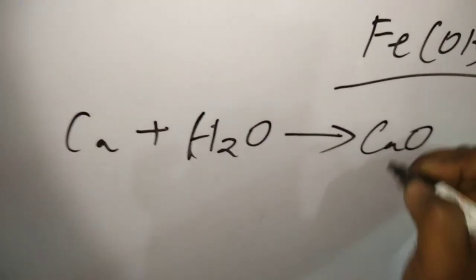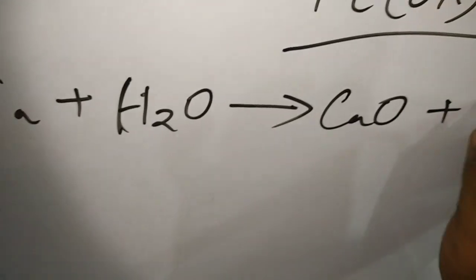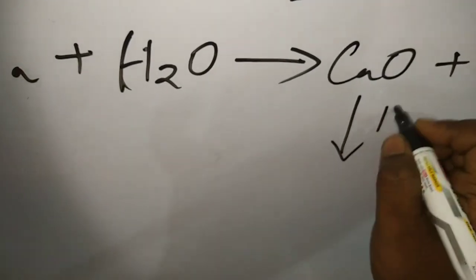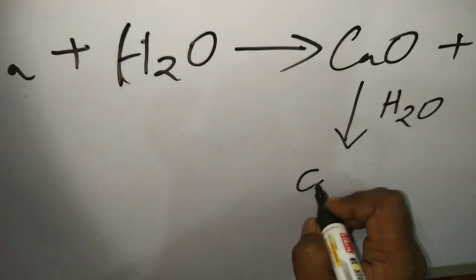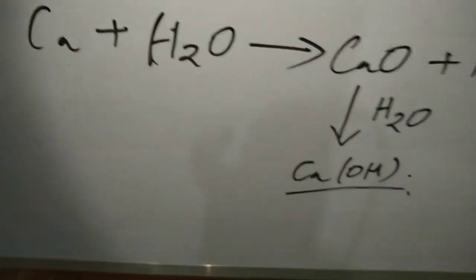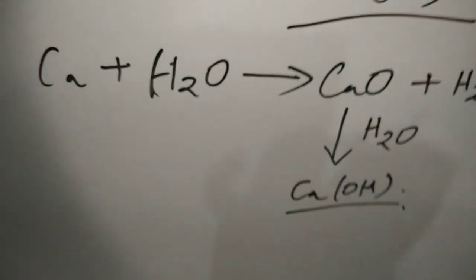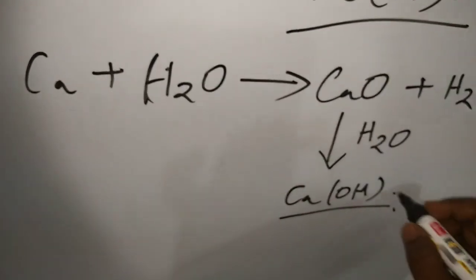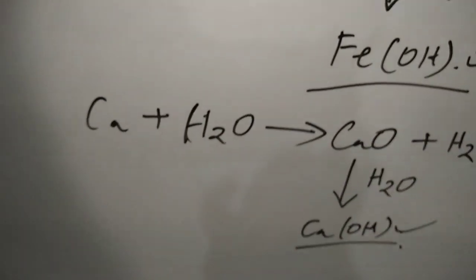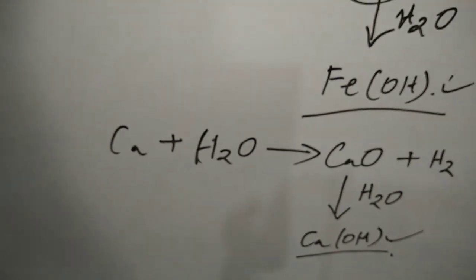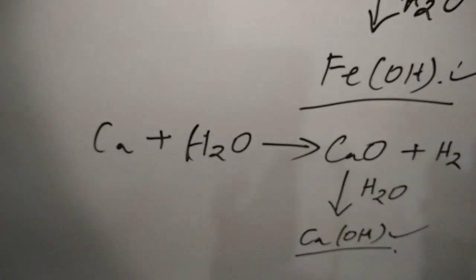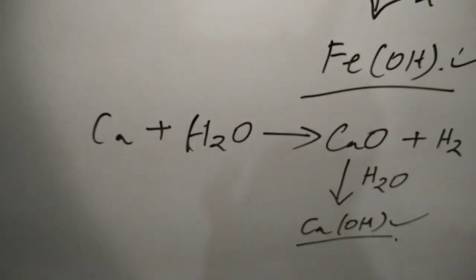First of all, it will form metal oxide, and when it again reacts with water, then it forms calcium hydroxide. Okay students, understand? Now clear? These FeOH, CaOH, NaOH, these all are alkalis. Alkalis means the bases which can dissolve in water. Okay students, understand?